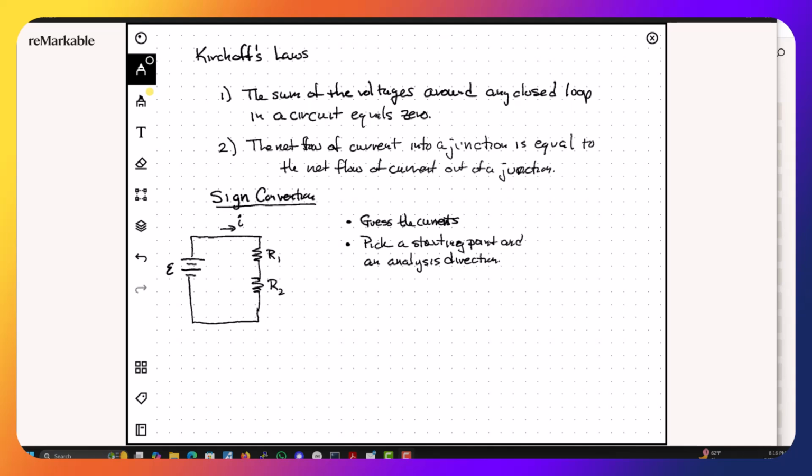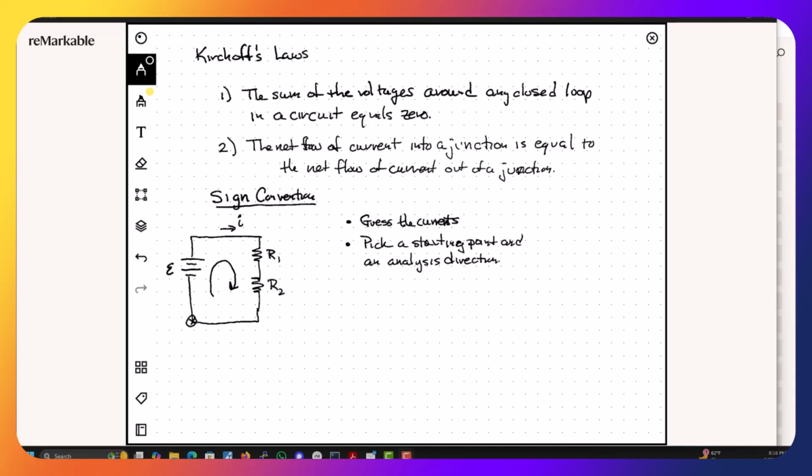What we're going to do is analyze the circuit, and that means to find the voltages and the currents. I often pick a point in the lower left-hand corner. It doesn't matter where you start. And I pick a direction for my loop to go around the circuit in a closed loop. Here there's only one loop, so here's my loop.